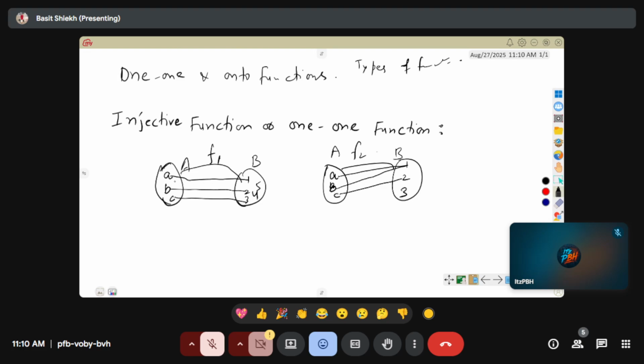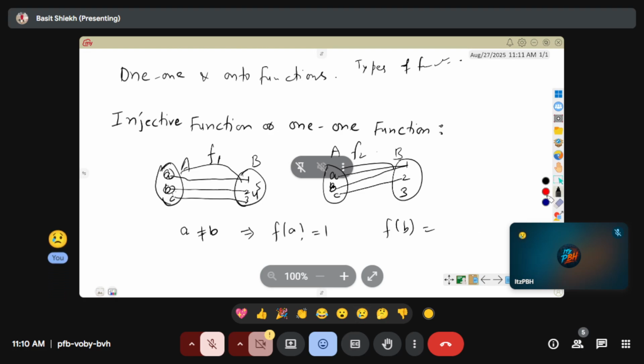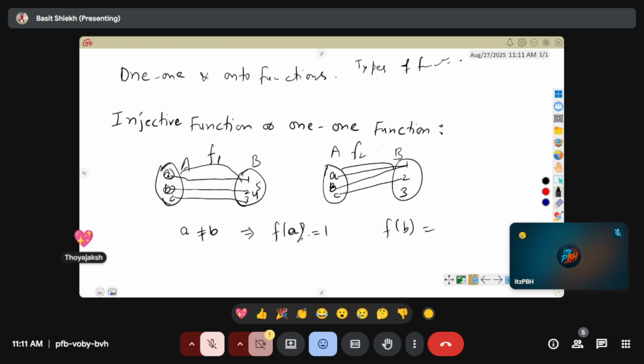In the first example, every element of A has a distinct image in set B. If we take a and b, a is not equal to b, a is different, b is different. So f of a is 1, and f of b is 2.